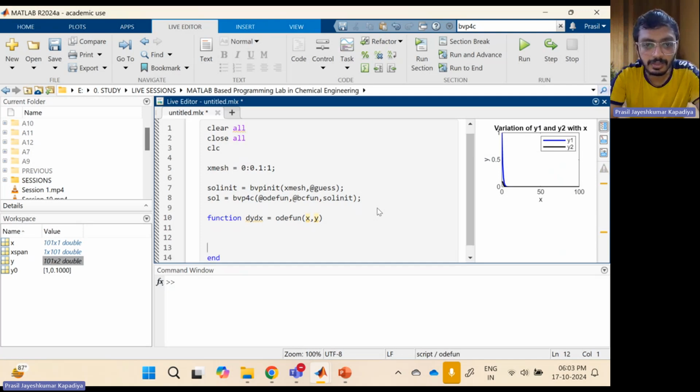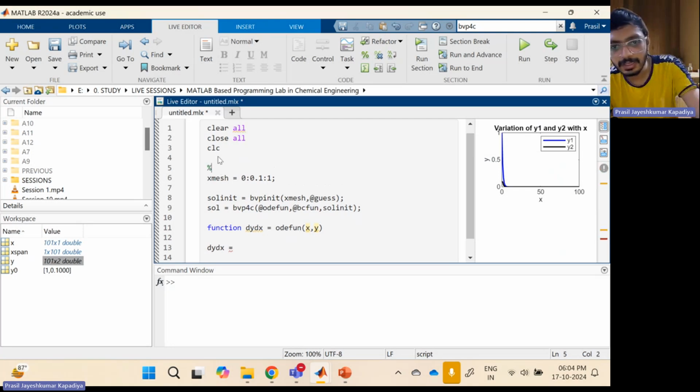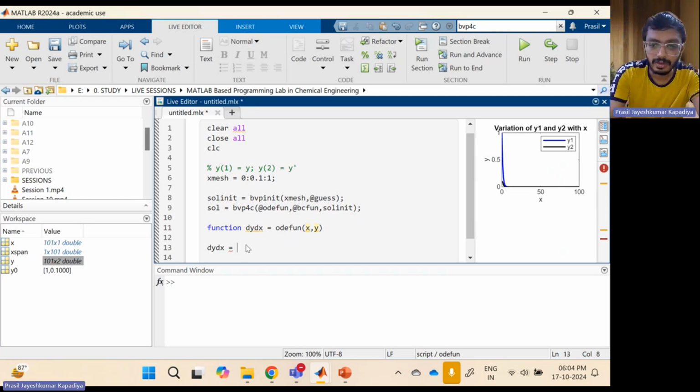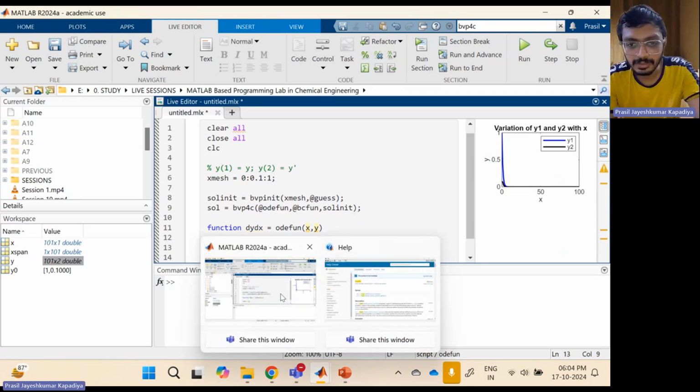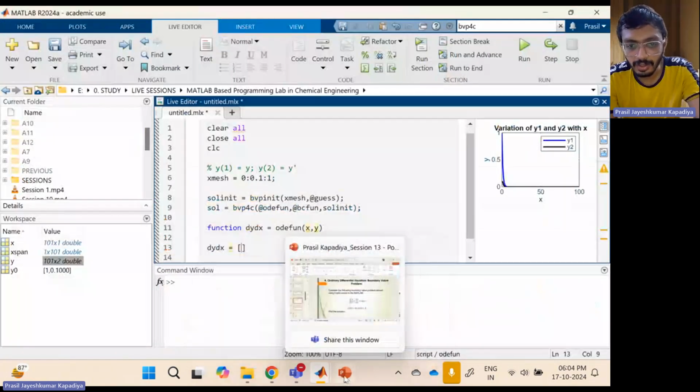I will end it. So my first function dydx is equal to, so how do we solve this? We solve it by saying that my y of 1 is equal to y and my y of 2 is equal to y prime. Okay, so my first equation is dy by dx, d square y by dx square.